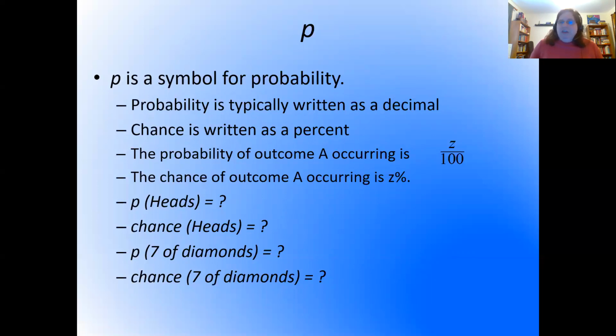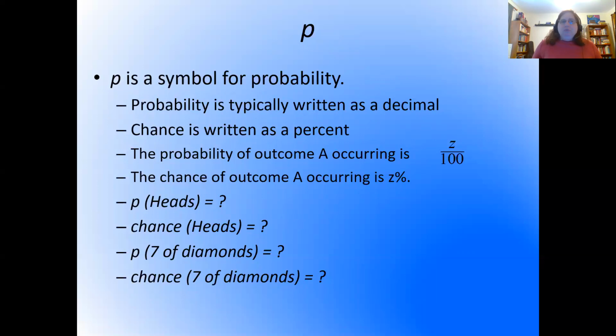So this kind of begs an interesting question here, which is, how do we go from probability to chance and from chance to probability? Okay, so let's talk about that for a moment. The way you go from probability to chance is just multiplying by 100. So we took the 0.09, we multiplied by 100 to get 9%.